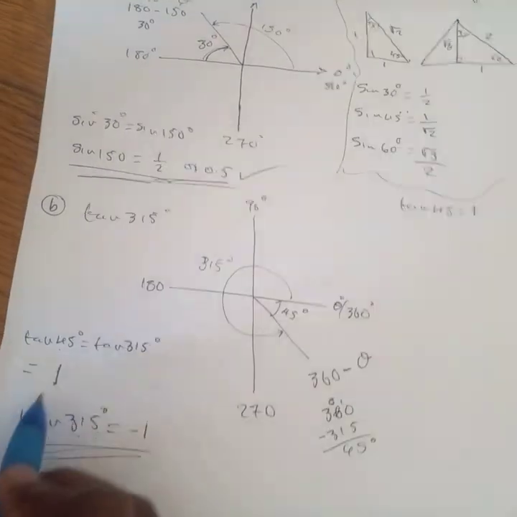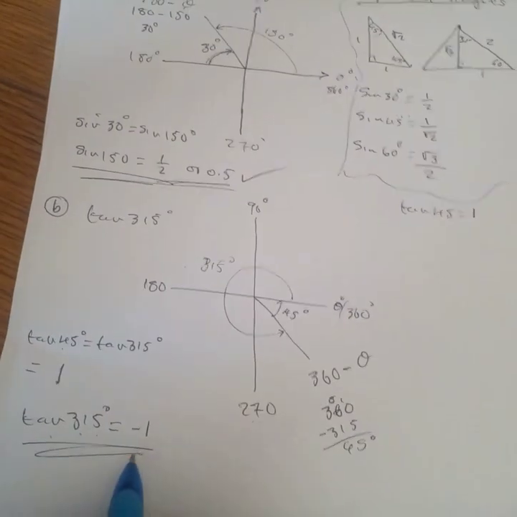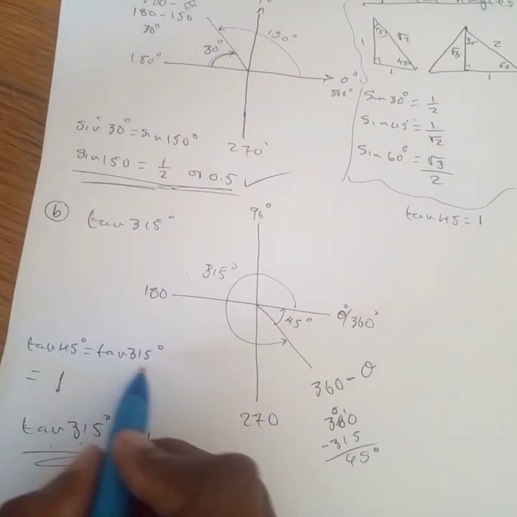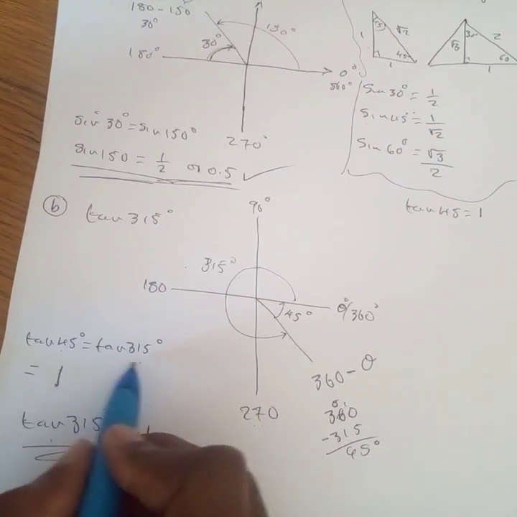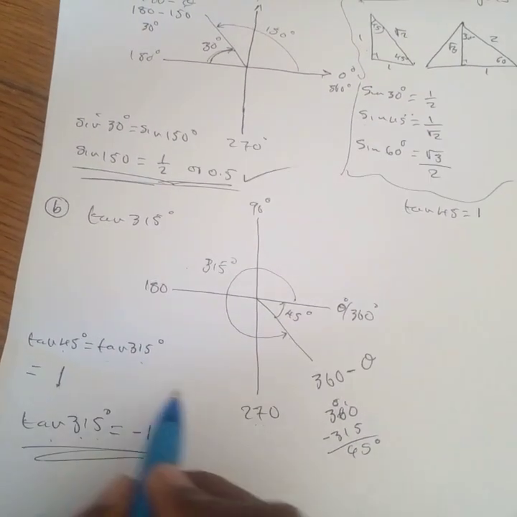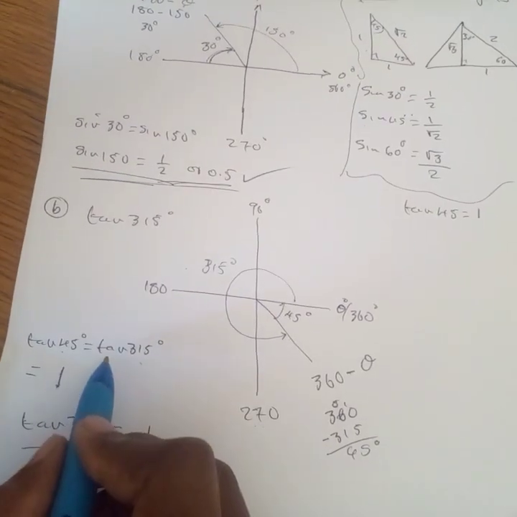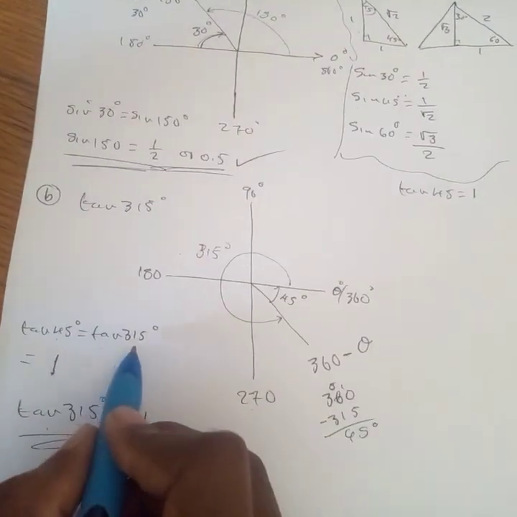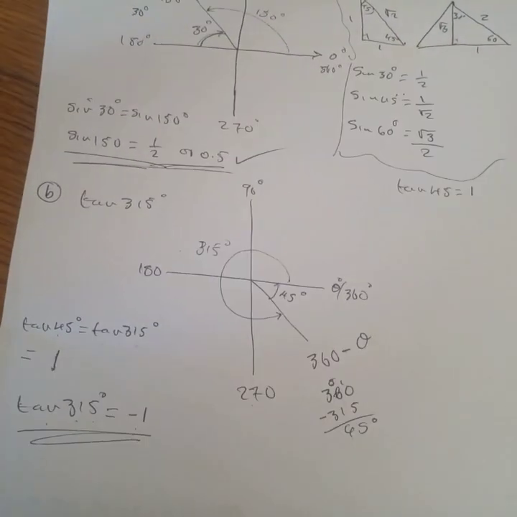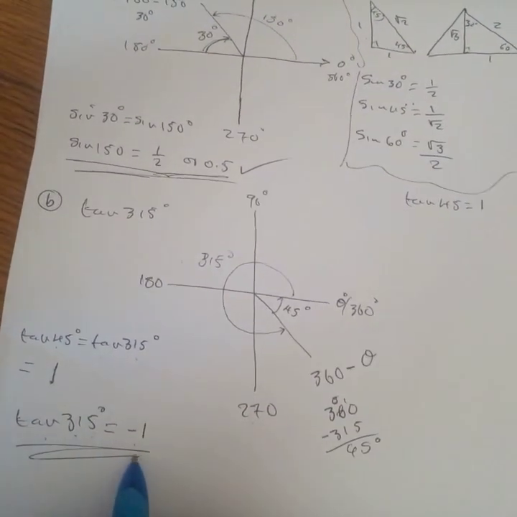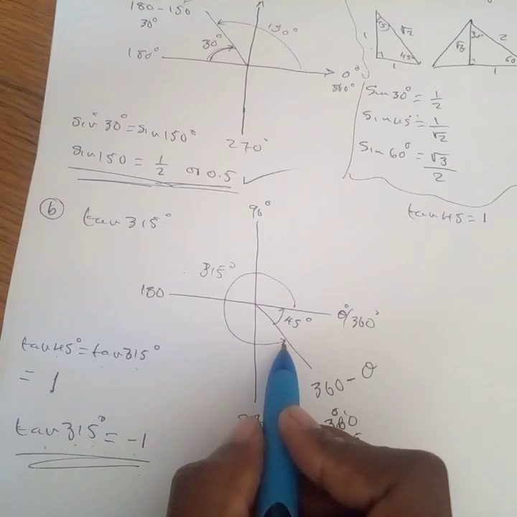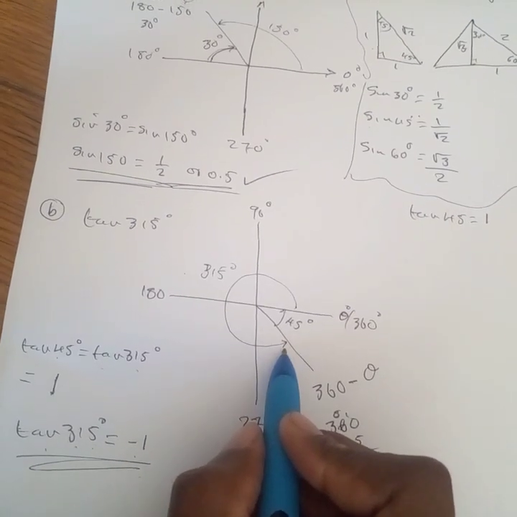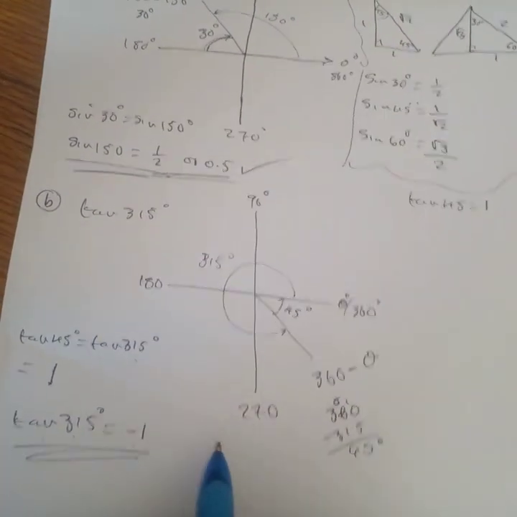So the special angle, which is 45, helps us to find the value of tan 315, which is negative 1. Remember, where the angle lies, the sign should be well known.